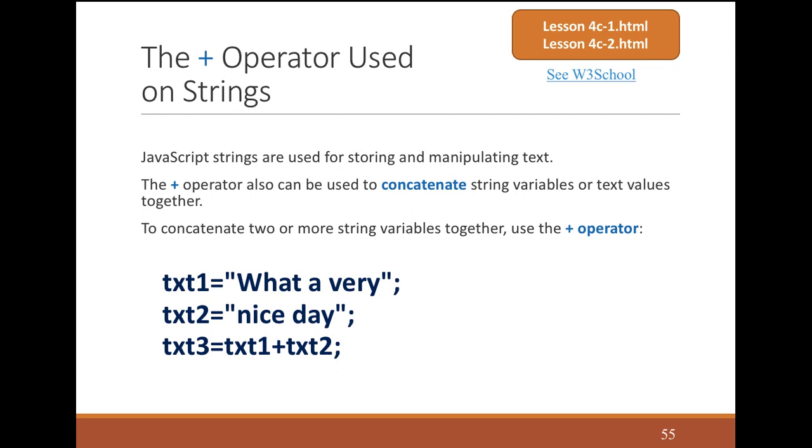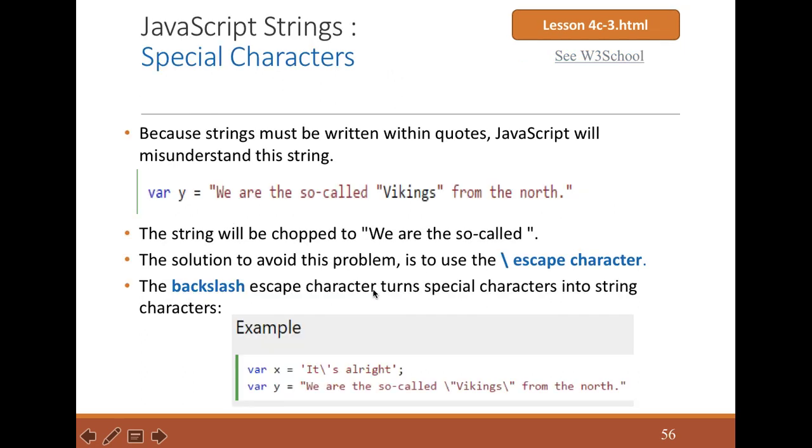The operators are also used with strings. When you deal with strings, meaning alphanumeric text like your name, your surname, your first name, you should put it in quotes. You have to use double quotes. For example, the variable text1 equals a double quote, then the text, then a closing double quote, and end with a semicolon. Always end with a semicolon. In JavaScript you also have some special characters.